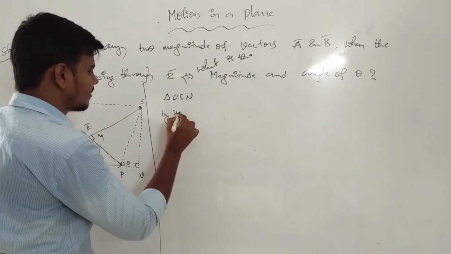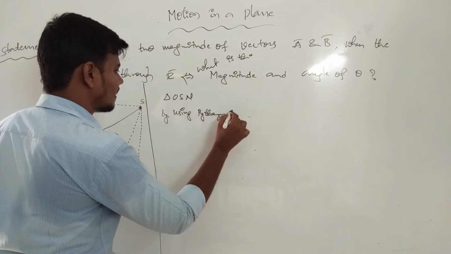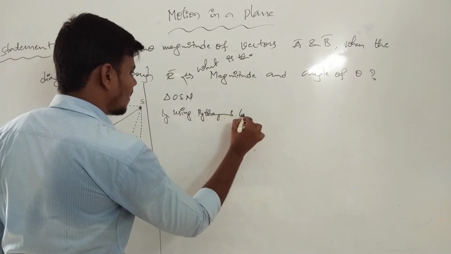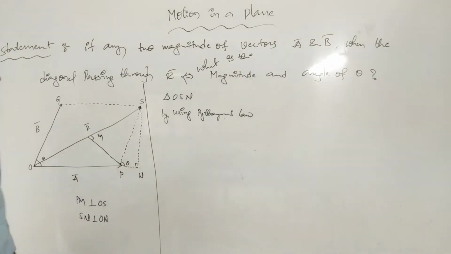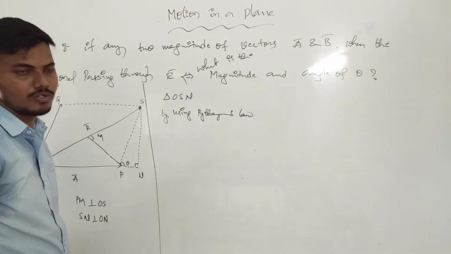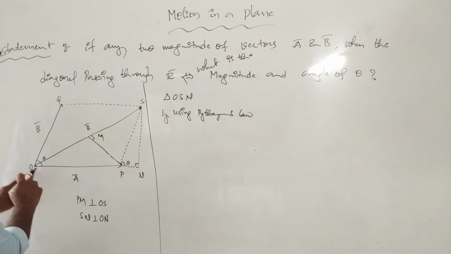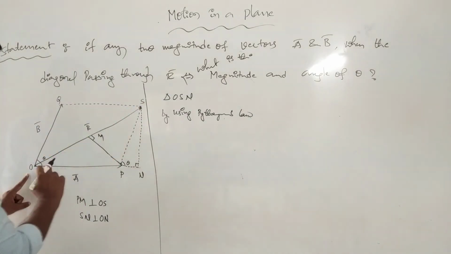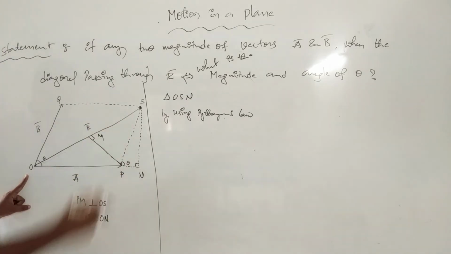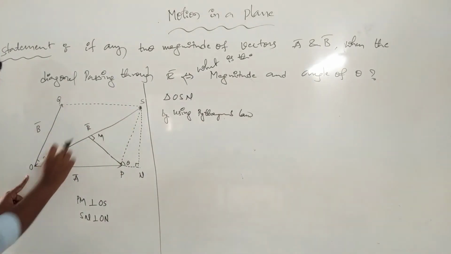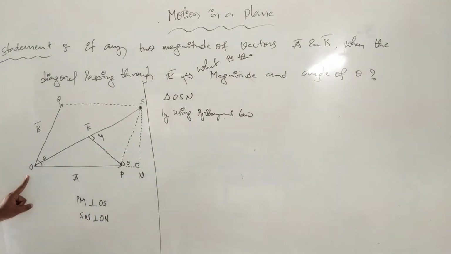Okay, by using Pythagoras, we already introduced it previously, in school. Now Pythagoras law: OS square. Clear one? In the triangle OSN, by Pythagoras law, OS square is equal to ON square plus SN square. Clear?